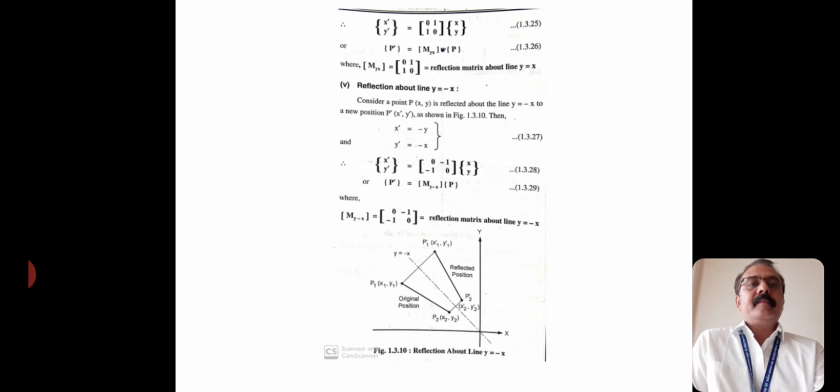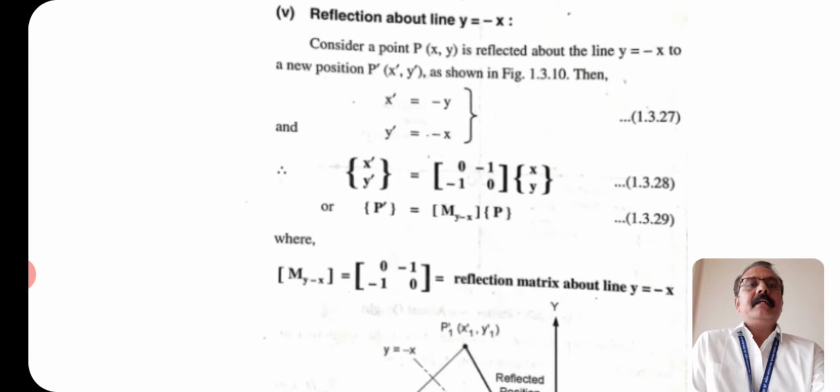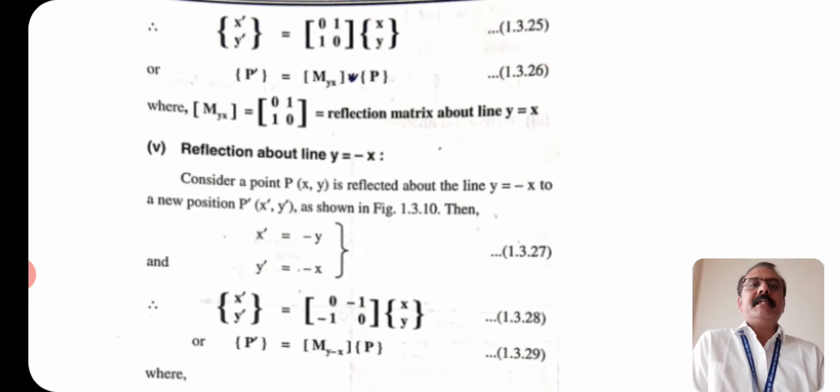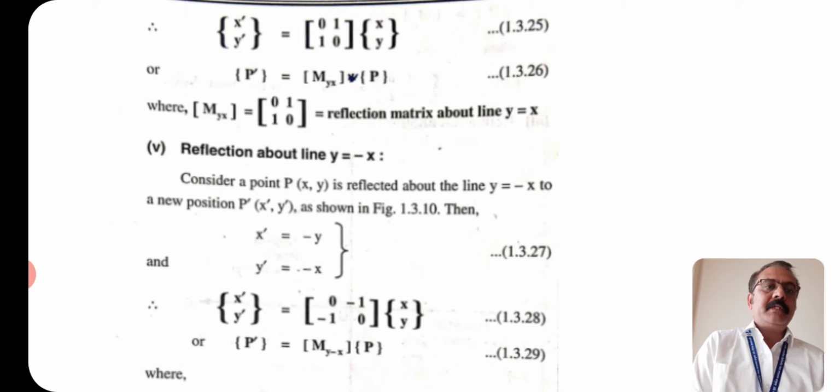Therefore the mirror matrix about line y is equal to x is [0 1; 1 0]. Therefore the final position of the line is achieved by multiplying the original matrix to the reflection matrix about line y is equal to x.